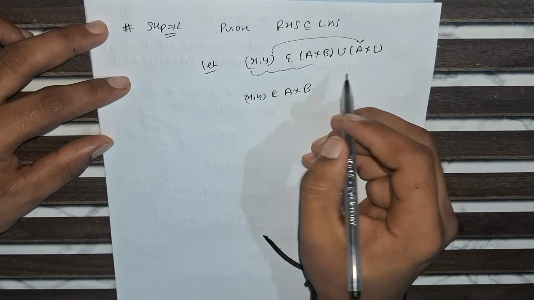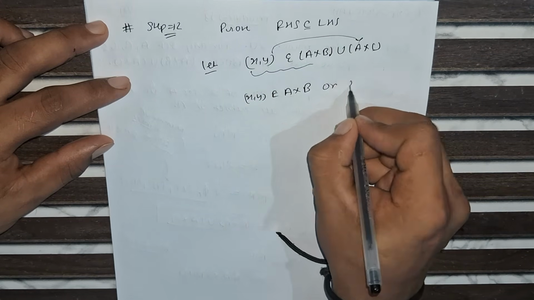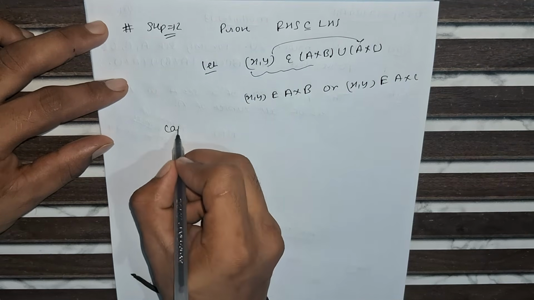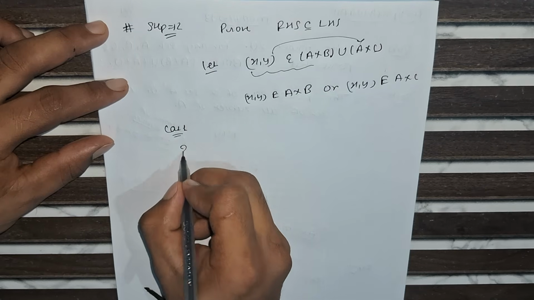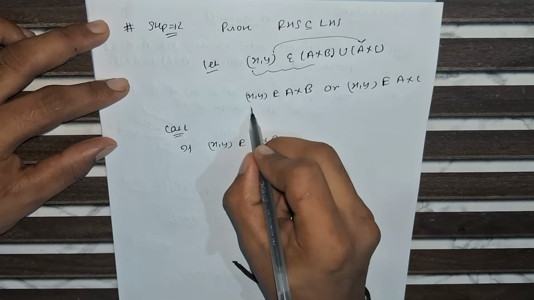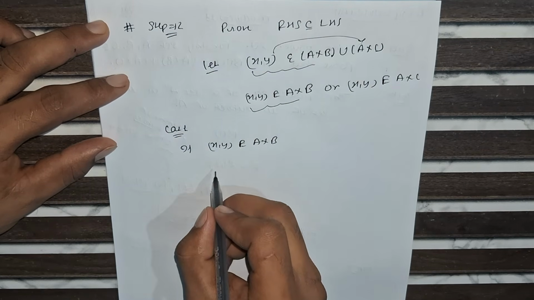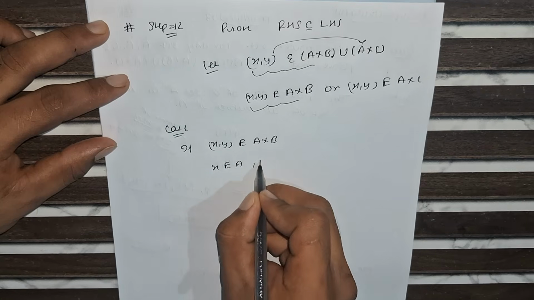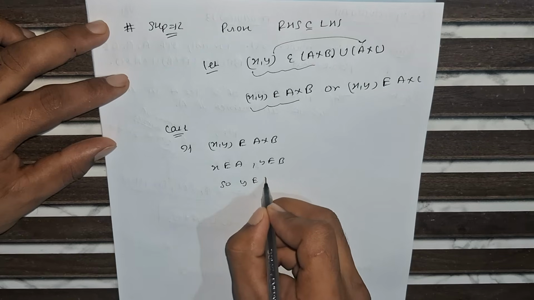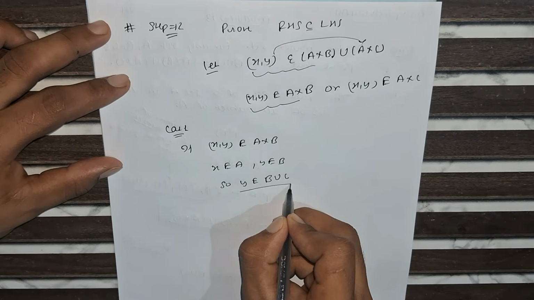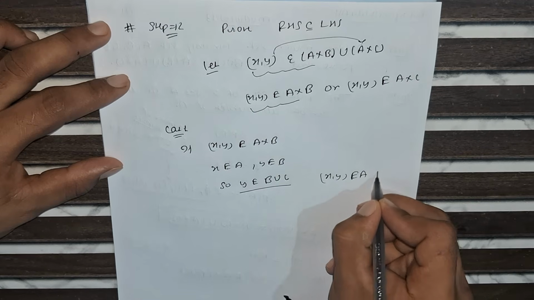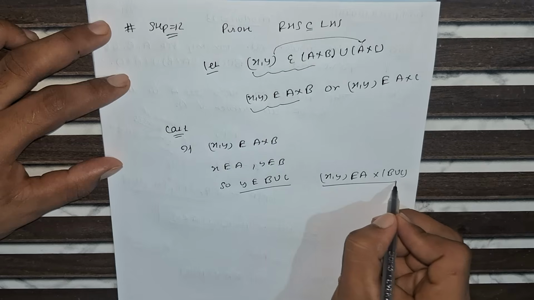Again after that I will consider this case: or (X, Y) belongs to A cross C. So we are taking the first case here, where (X, Y) belongs to A cross B. If X belongs to A and Y belongs to B, we can say that Y belongs to B union C. So with the help of this expression, we can say that (X, Y) belongs to A cross (B union C). This is our first case.